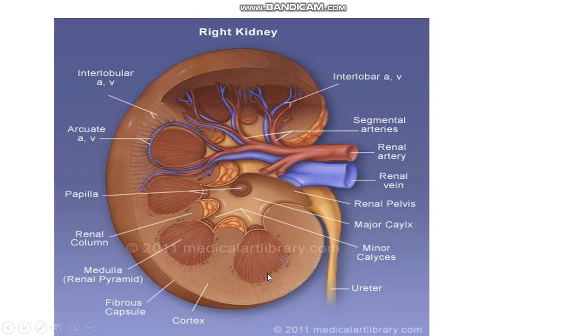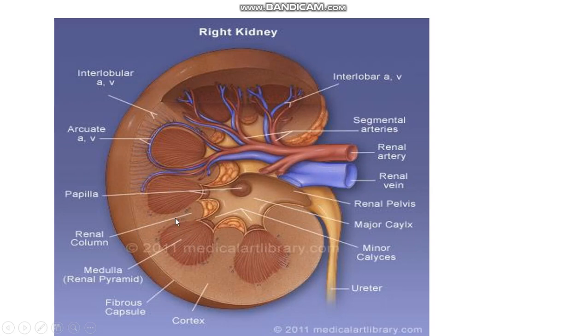Here is the base of the renal pyramids, and they are capped by the renal cortex. They are known as cortical arches. The parts of the renal cortex projecting between the pyramids are known as renal columns.